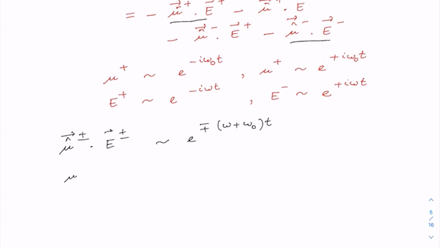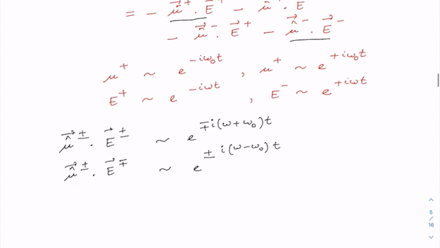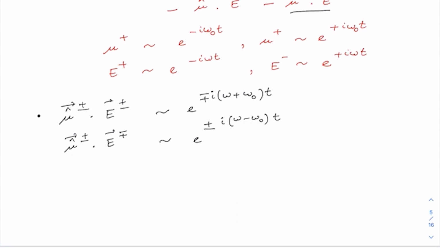Similarly, you will have μ+·E−, that will vary as e to the power plus i(ω−ω0)t, or μ−·E+, that combination will vary as e to the power minus i(ω−ω0)t. So clearly these two terms vary very rapidly, they oscillate very rapidly.